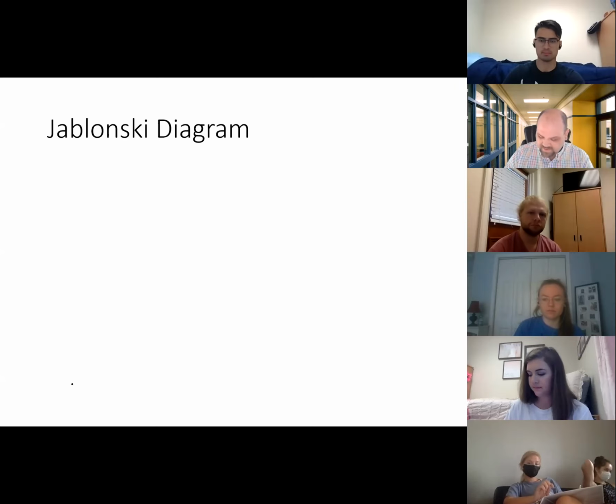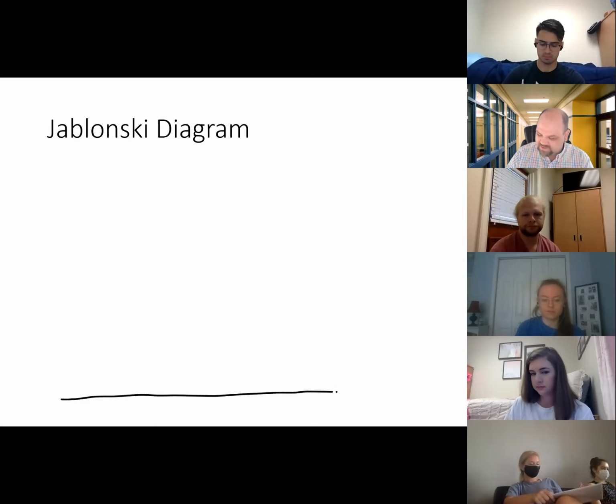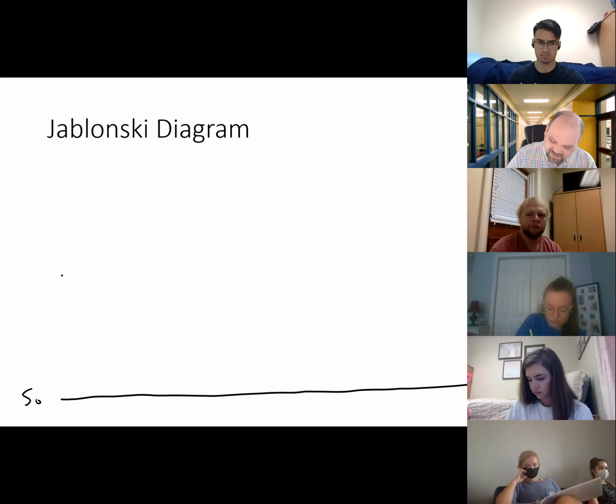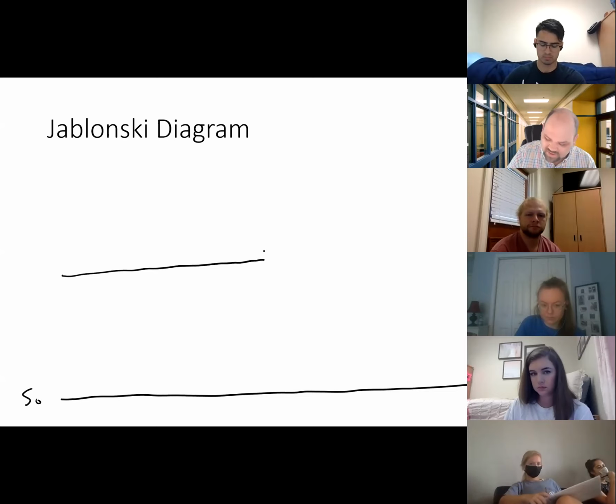Okay. So the first thing we want to draw in is our ground electronic state, our S naught. And of course, that's relatively low in energy. A bit higher in energy, I'm not going to draw it all the way across, but there's our S1.